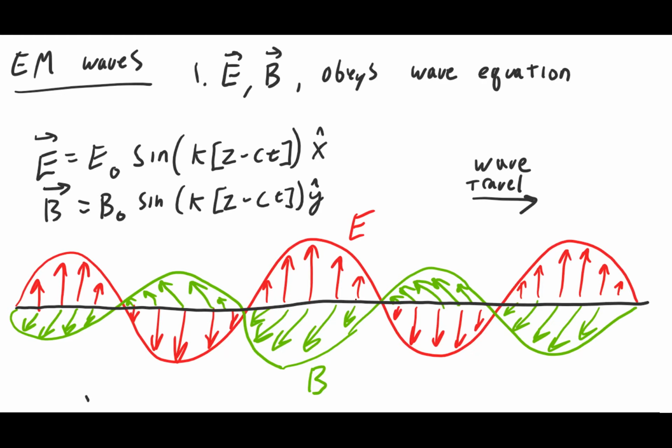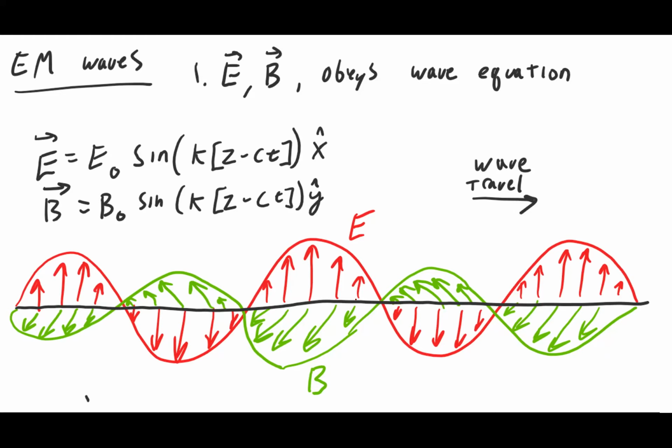We don't have to have a periodic wave. Just like with other kinds of waves, we could have pulses, we could have standing waves. Standing waves are extremely tricky to write down for electromagnetic fields, but we all have microwave ovens, and microwave ovens are just standing waves for light. So they obey the wave equation, so any type of wave equation solution works fine.